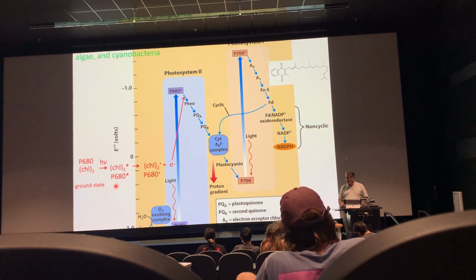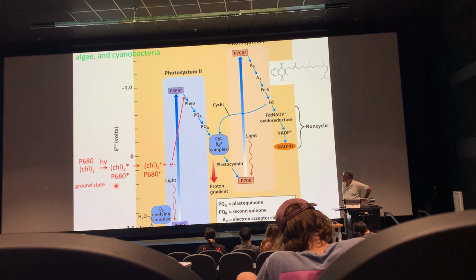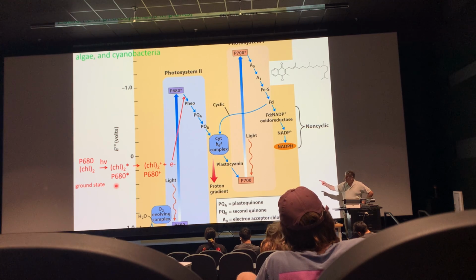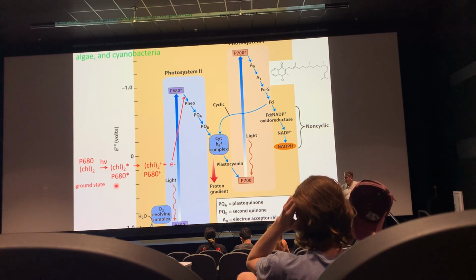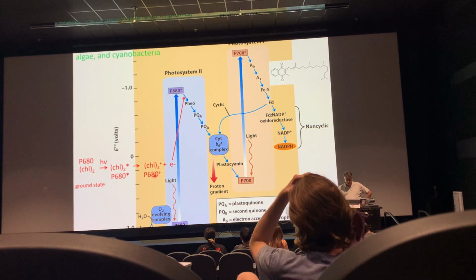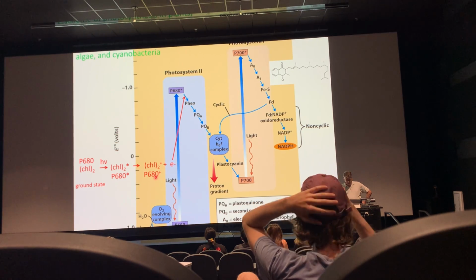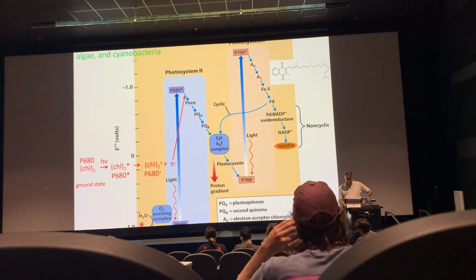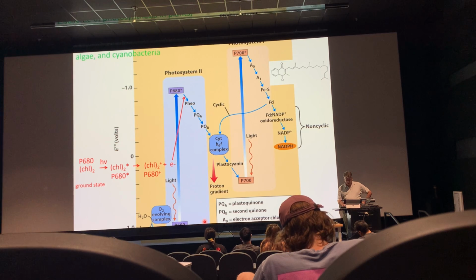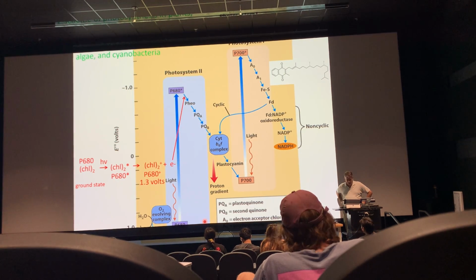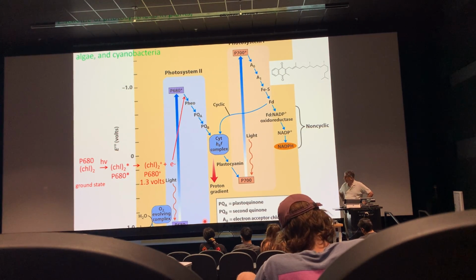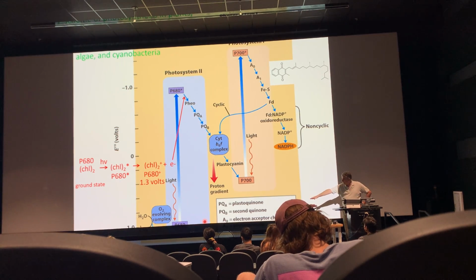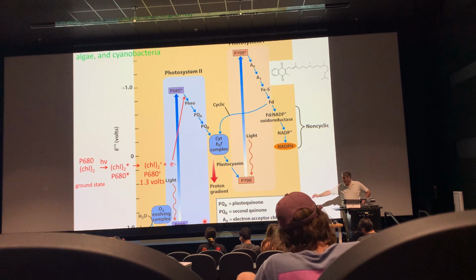That electron is coming off here. That's nice, but you can't forget the other part of the chemical expression. P680 plus is way off scale. It's way below this thing on this diagram at a positive 1.3 volts. So on this scale, it'd be down by the floor, okay?